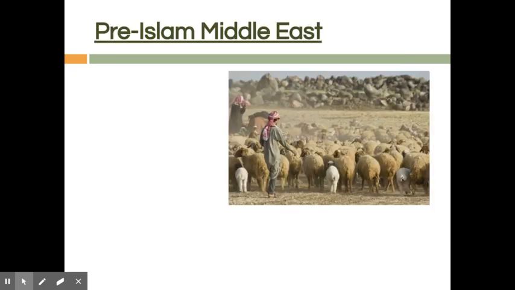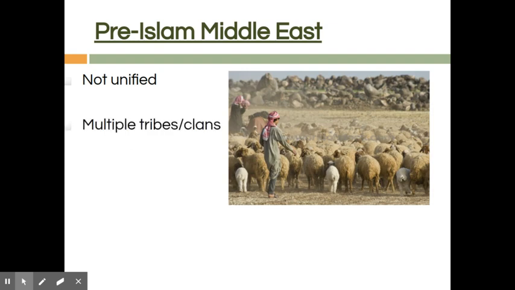So before we talk about Islam, we need to talk about what was happening in the Middle East, around the Arabian Peninsula. First of all, it was not unified. There was no major governing force. There was no bond between the different groups of people in the Middle East.